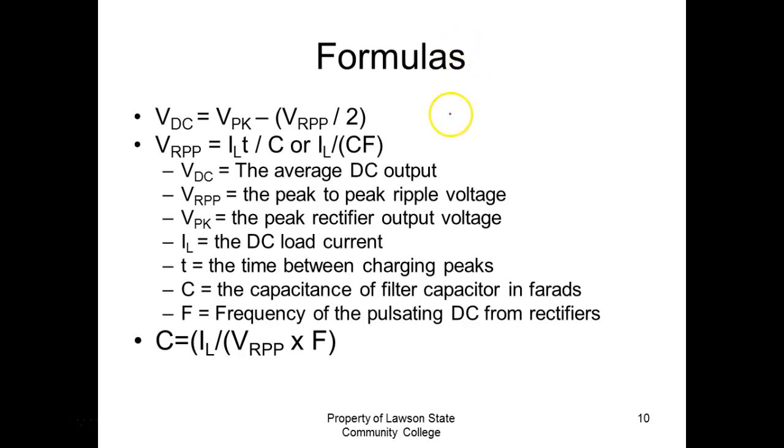So if I got this guy right here, and this is the last thing we'll look at, I got my diode, and then I got a load over here. And let's say my V peak out is equal to 5.6 volts. And then this right here is a 1K.